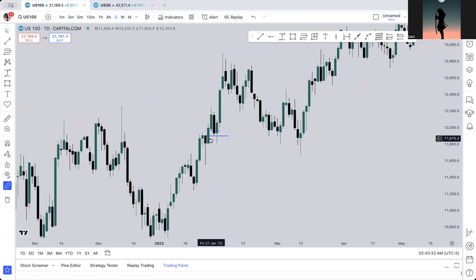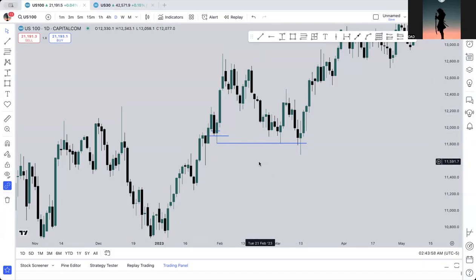Efficient parent hybrid low. Now, price destroyed this low when price came back to form a relative low to it. And then here we have what? Destroyed efficient parent hybrid low.